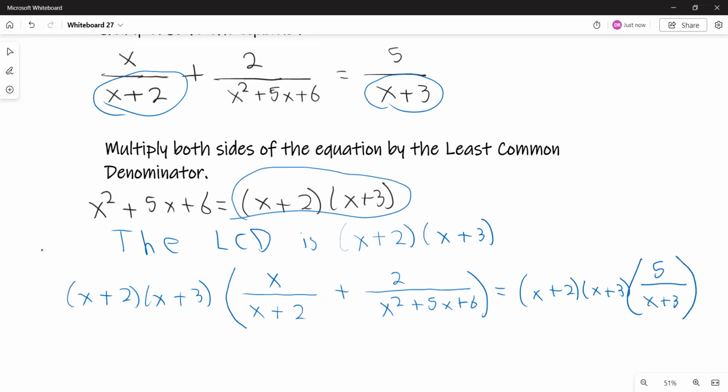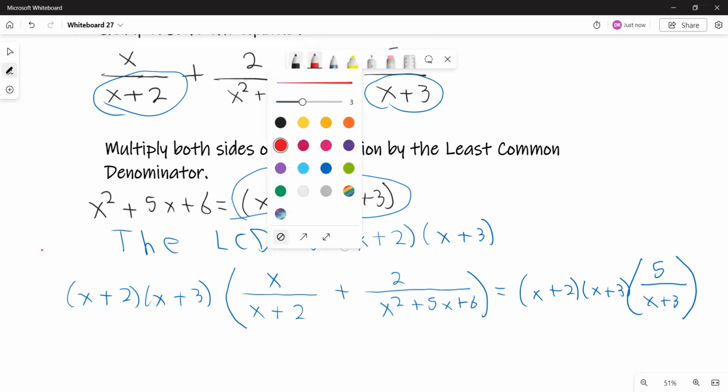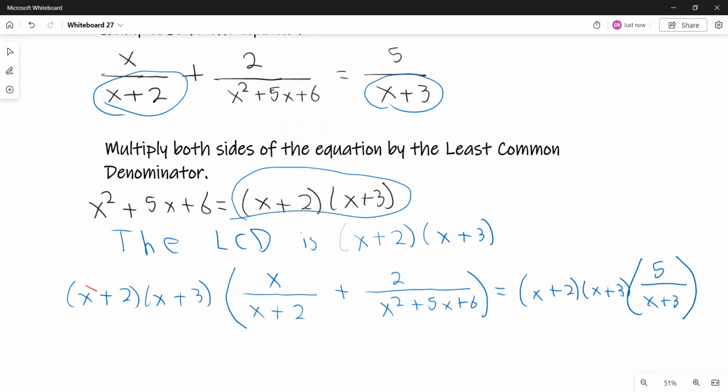On the left-hand side, x plus 2 times x plus 3 times x over x plus 2. We cancel the x plus 2's, and we have x times x plus 3.